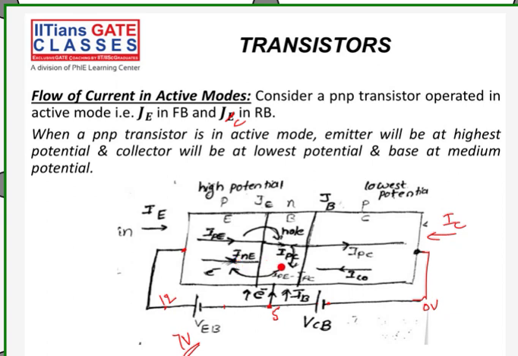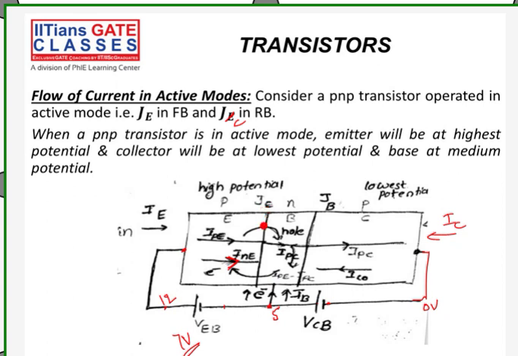So like that, these charge carriers will be crossing the junction. The hole current will be IPE and the electron current will be INE. So remember, electrons are coming from base to emitter, but current will be opposite to the flow of electrons. So that will be towards the right side, this direction, that is INE. So these two currents are crossing this emitter junction.